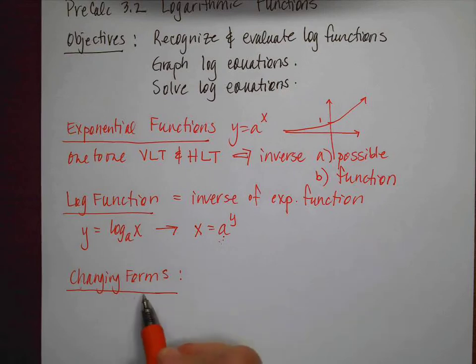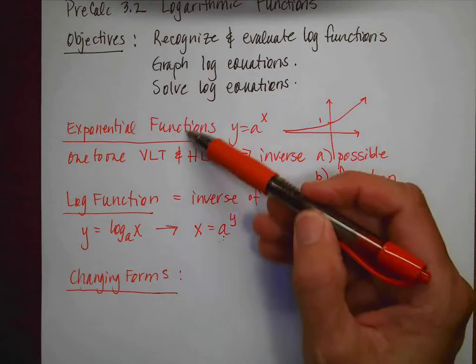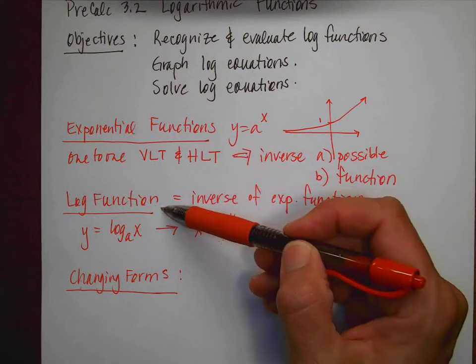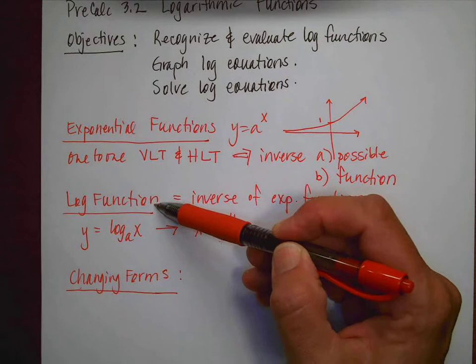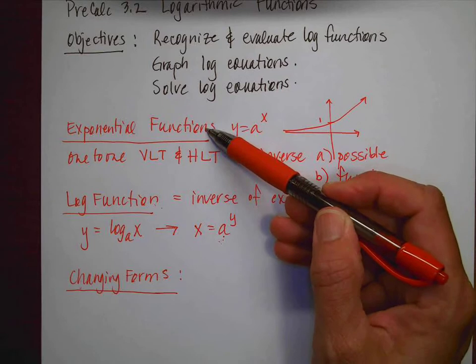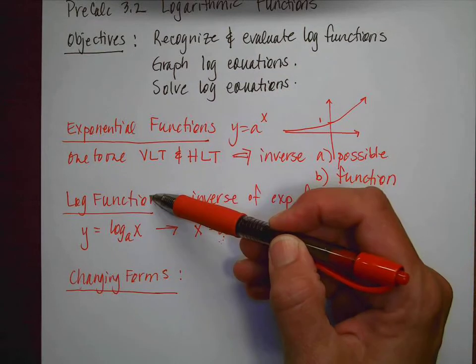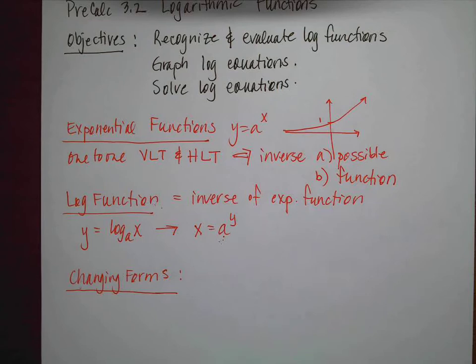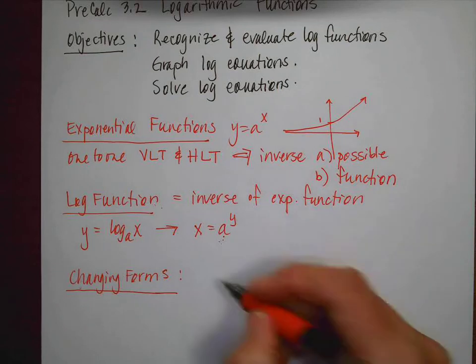When we study logs, we will spend a significant amount of time bouncing between these two forms. So if something is given as a log, maybe I need to go back to exponent form, and vice versa. Maybe they give me something in exponent form, and I need to take the log of both sides to make sure that I can manage the equation.